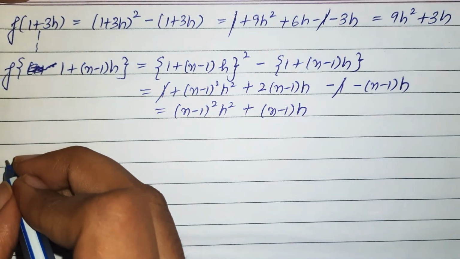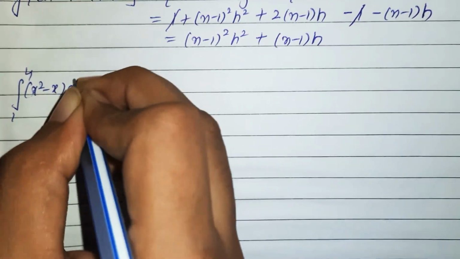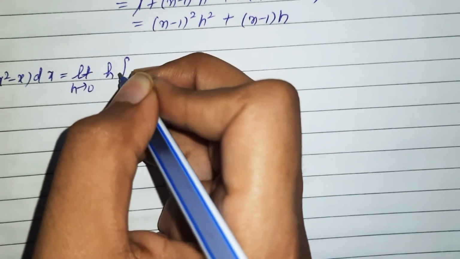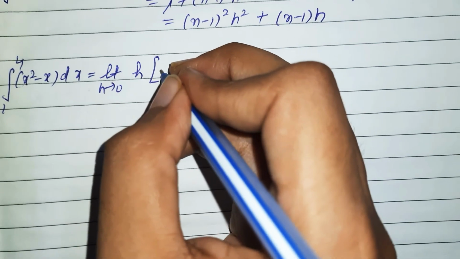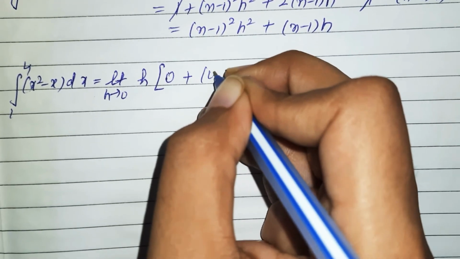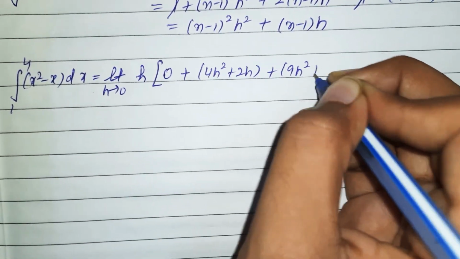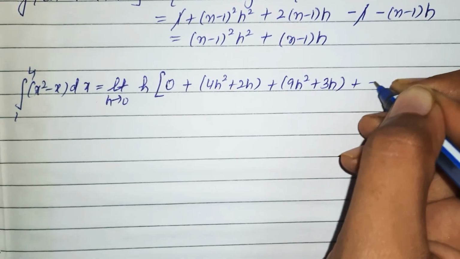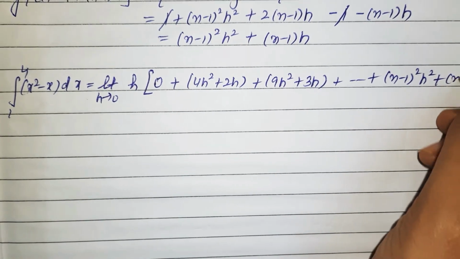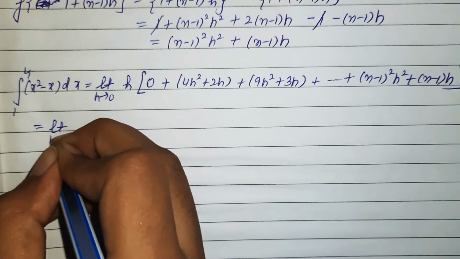Now come to the question. So integral 1 to 4 of x square minus x dx will be limit h tends to 0, h, f of 1 is 0. Then I am having 4h square plus 2h. Then I am having 9h square plus 3h. Then I am having n minus 1 square h square plus n minus 1h. So limit h tends to 0.